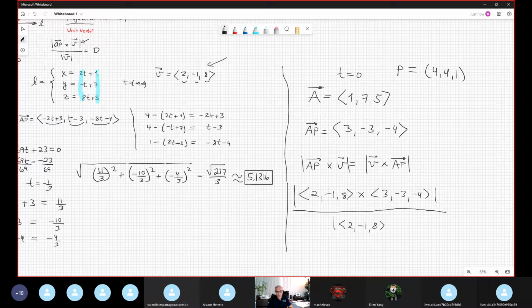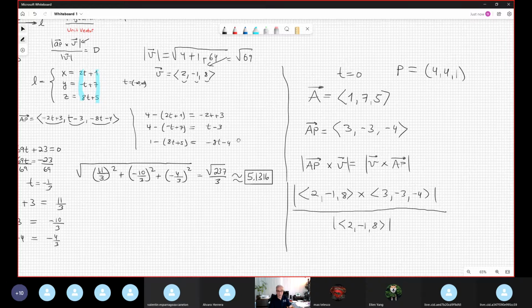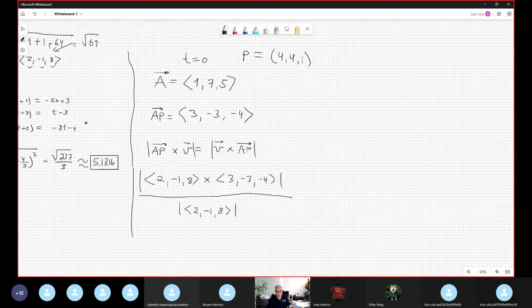The magnitude of vector B is the square root of 2 squared, which is 4, 1 squared, which is 1, and 8 squared, which is 64. And this is square root 69. Ooh, ugly number. If you introduce the square root of 69 inside the cross product, the determinant is more complicated. I recommend to avoid that arithmetic part. This is square root 69.